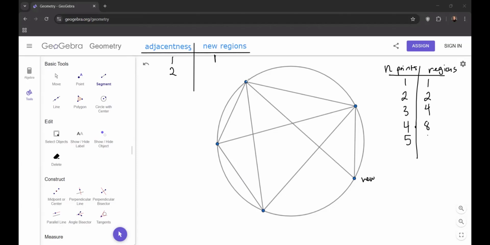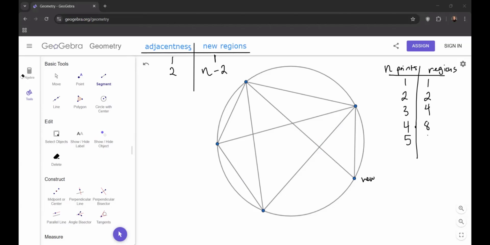So I might look at that one that's 2 away and say, okay, it crosses 2 lines, it creates 3 new regions. And we are at figure 5, or we've got 5 points here. So I might consider that n minus 2. So I have 5 points, and if I subtract 2, I get 3, which is my 3 new regions. So that might be a pattern that works.